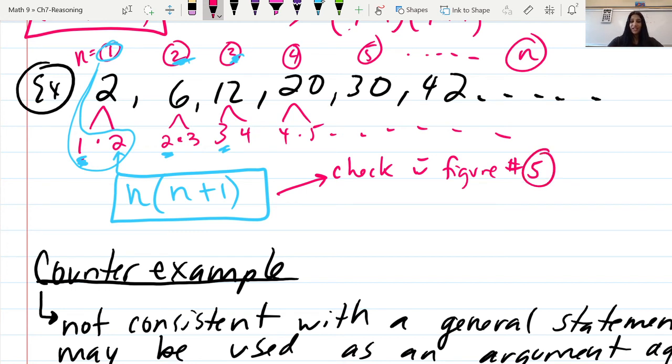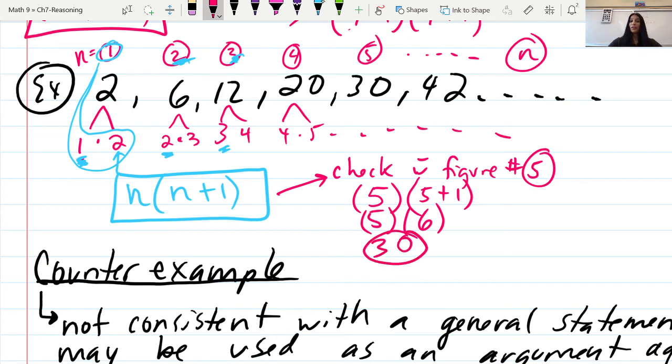According to this, in figure number 5, I should have 5, because that's my n value, times n plus 1. So that would be times 5 plus 1, which is saying multiply 5 by 6. And so my fifth figure should be 30. And that is what it is here. So I can say, yes, this definitely is my solution.